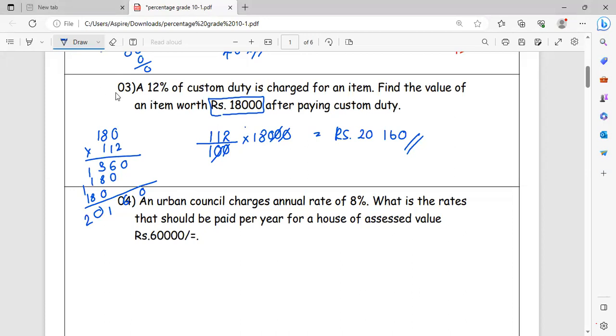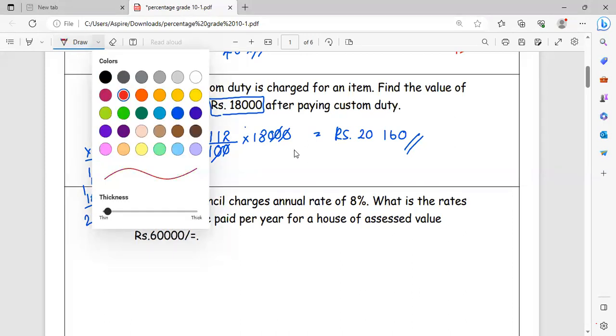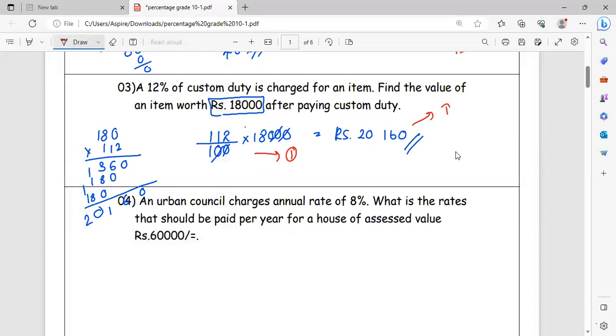In this case also you are given 1 mark for the calculation, 1 mark for the answer. Altogether 2 marks are given.